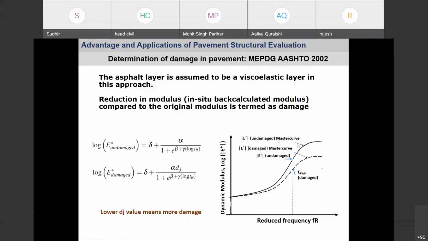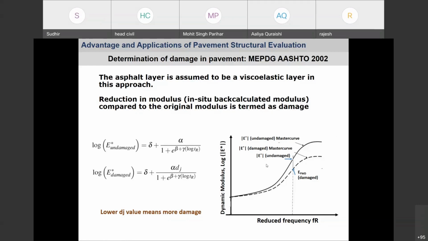So you might have the undamaged dynamic modulus master curve, which was obtained during or just after construction, when the pavement was in undamaged form.